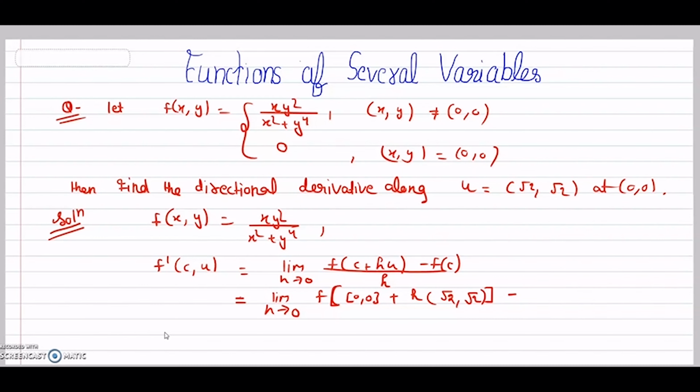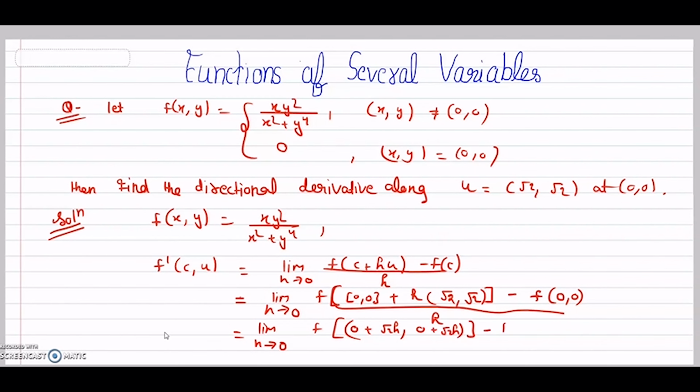Minus f of c, f of 0 upon h. So it is equals to limit h tends to 0 f of 0 plus under root 2h and 0 plus under root 2h, minus f of 0 is equals to 0, so here we will write 0 upon h.